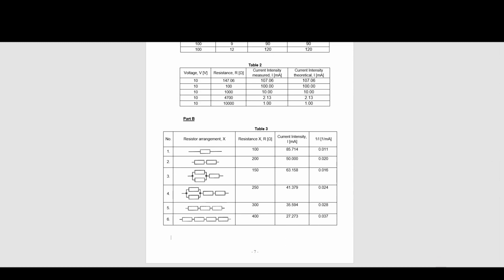Having measured the current intensity I, we can find 1 over I. We take 1 over the value we got before, and we get 0.016.